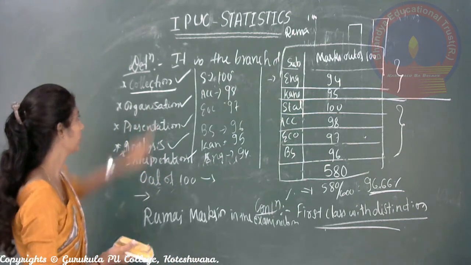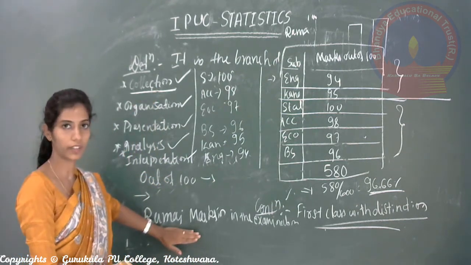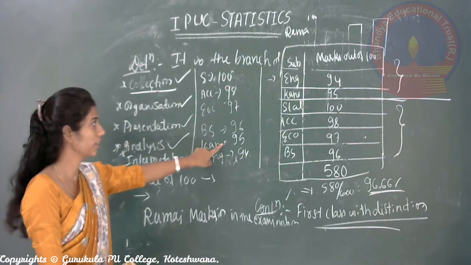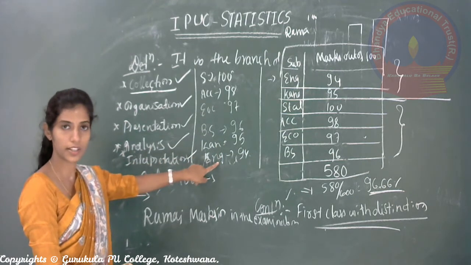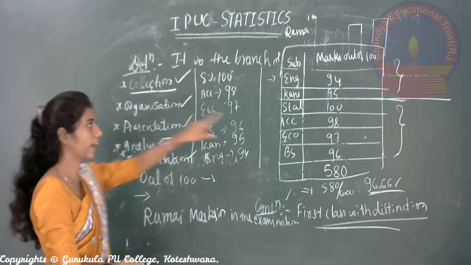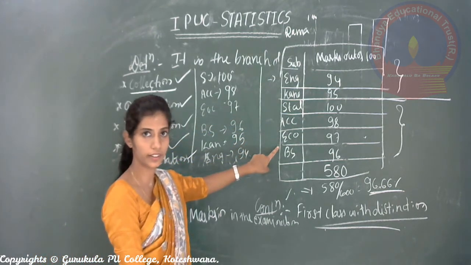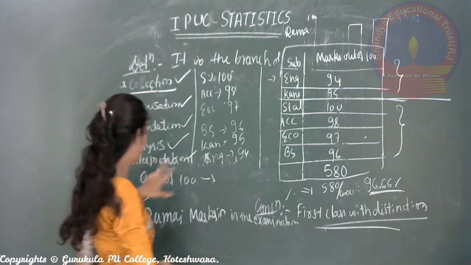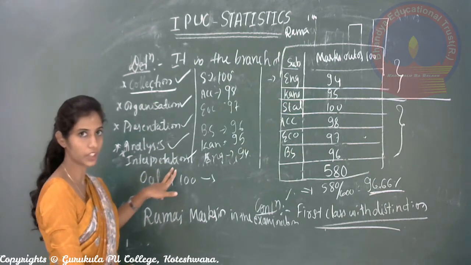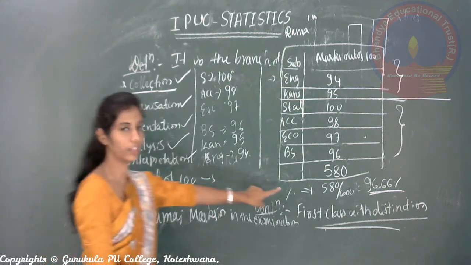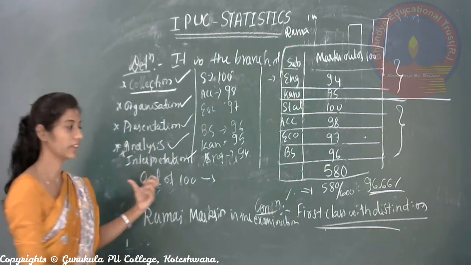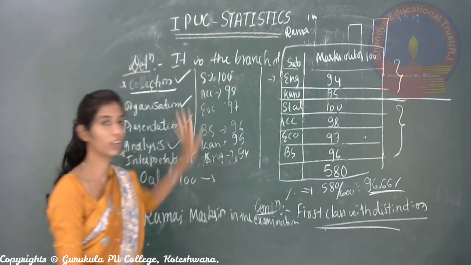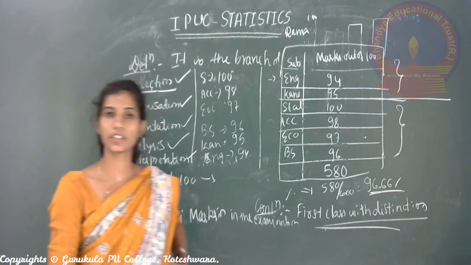Here, collection: I collected the information and organized it in ascending or descending order. Next I presented the data clearly in rows and columns. Then analysis, and the last part is giving the conclusion. This is all about the definition of statistics.